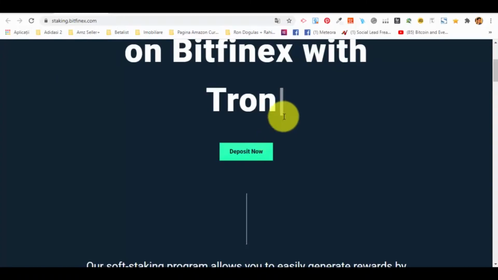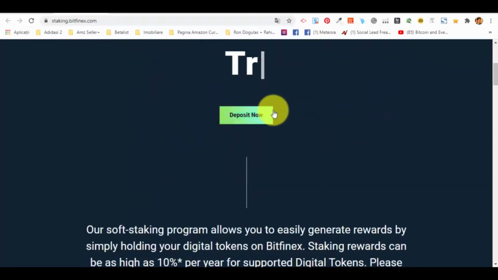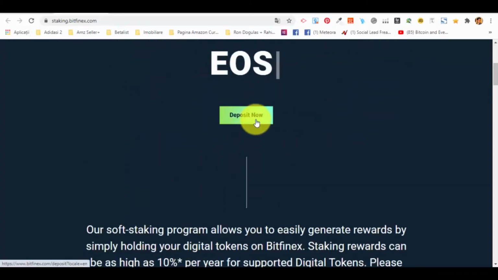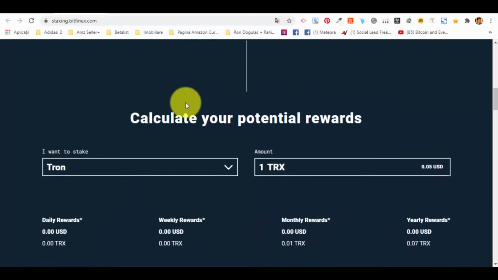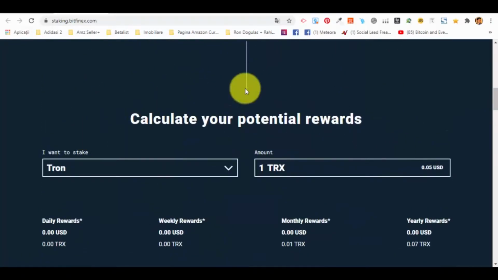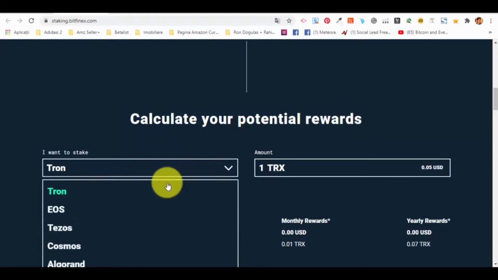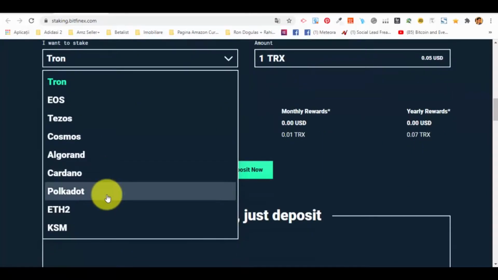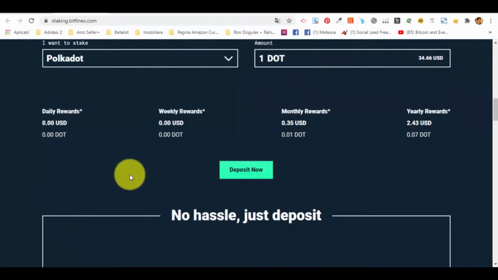If you scroll down, you can see that you can deposit for staking, and you can calculate your potential rewards for different types of cryptocurrencies. For example, let's say we want Polkadot, which is a very popular cryptocurrency at the moment.